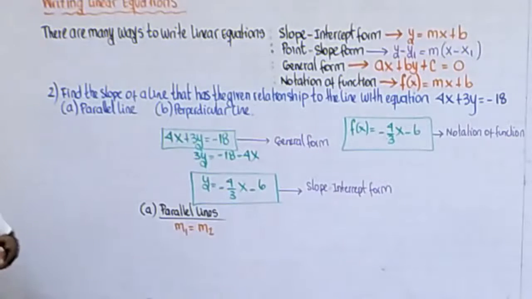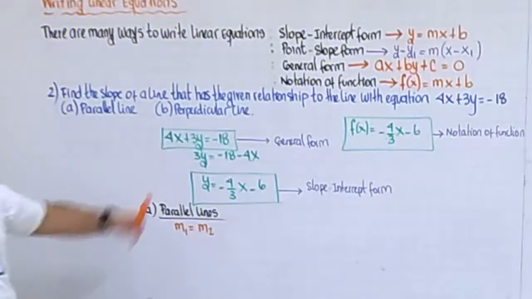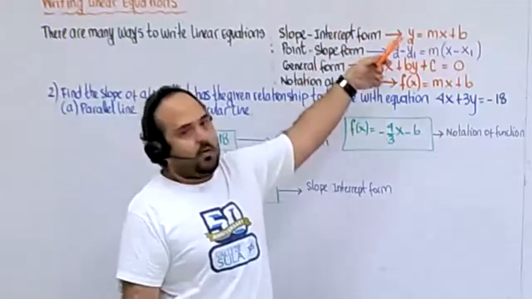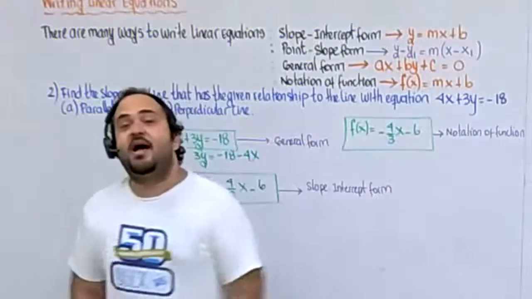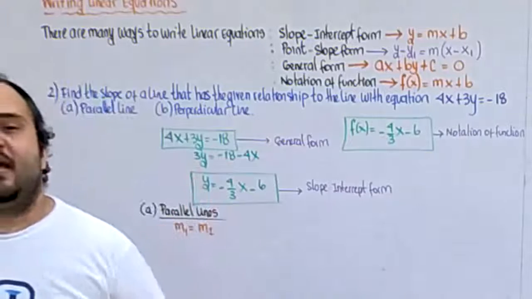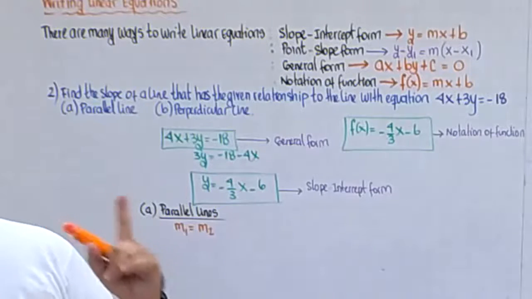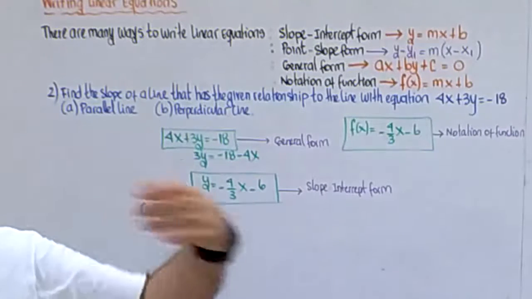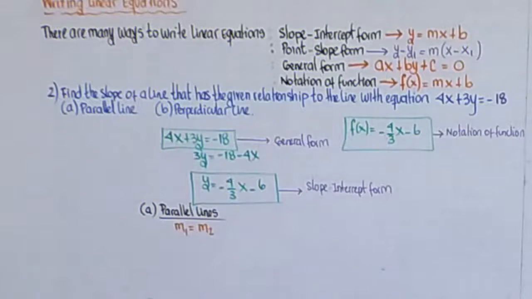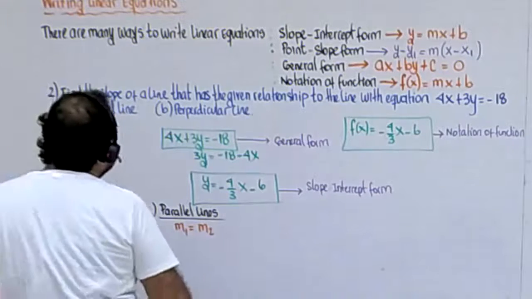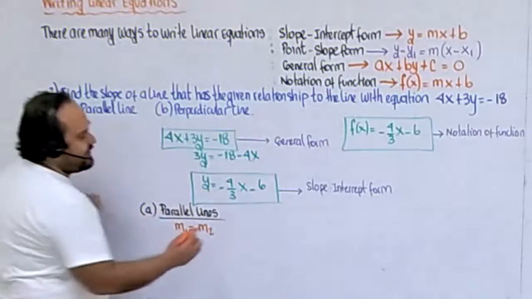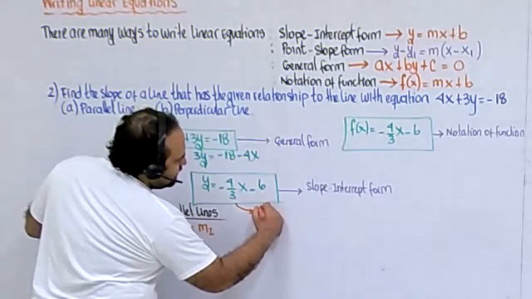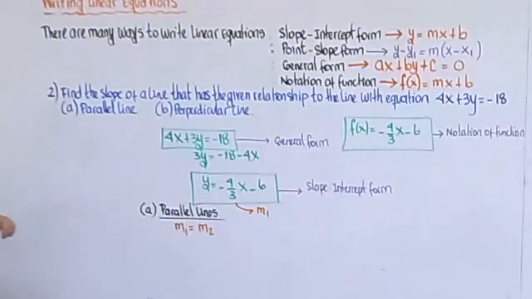And you're going to ask, what will be the value of the slope of this line? In the slope-intercept form, every time that we solve for y, the number multiplying the letter x will be the value of the slope. For that reason, the value of slope number one, because we have line number one, is negative 4/3, right?